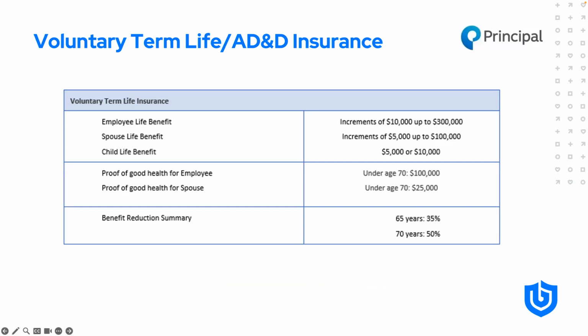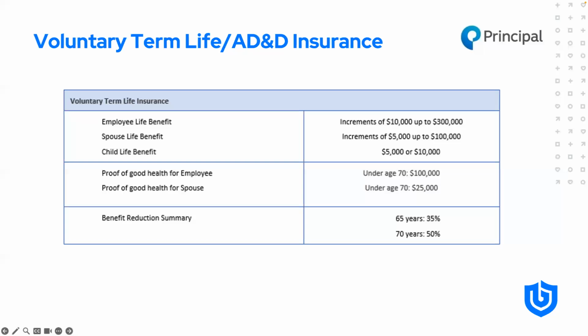And the rates are subject to your age as well as the amount of coverage you elect. With this plan, employees can choose a benefit amount of $10,000 up to $300,000 and a benefit amount of $5,000 up to $100,000 for your spouse and $5,000 or $10,000 for your children.